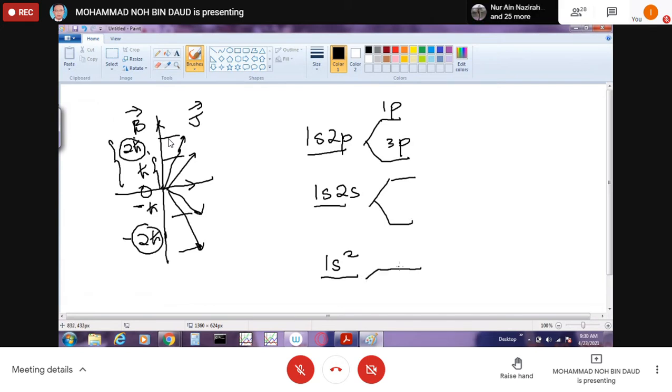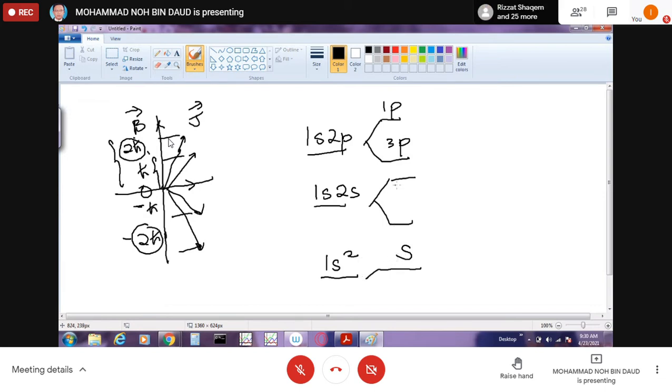So how about this one? What are the atomic term symbols to write for these electronic configurations? How do we determine this?